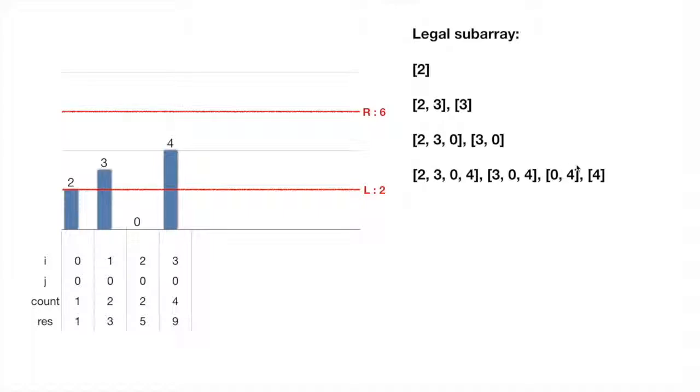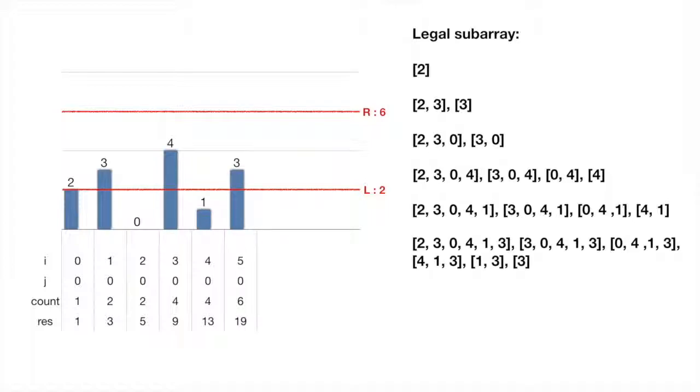Next element 1 is also illegal. It's lower than the lower bound, so we shouldn't update our count, and it's just a combination of 1 and the previous level subarrays. Next element 3 is legal, so we do update our count to 6.